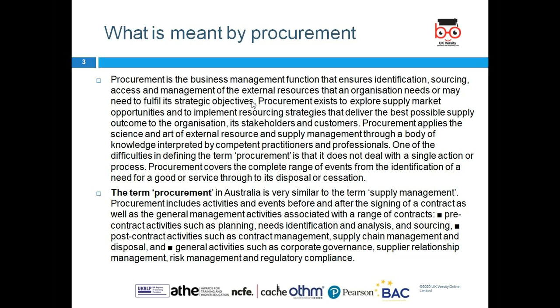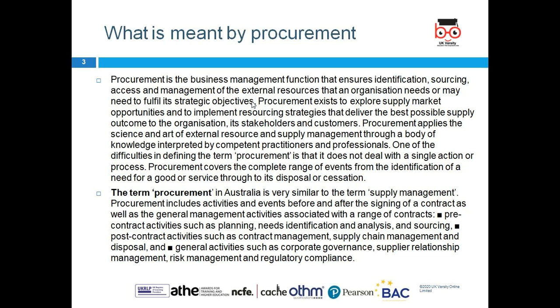Yes, we can outsource. Procurement is very important in the success and failure of an organization. If you have a good procurement system in place, that will help you to achieve your strategic objective, which is a long-term objective. Objective means the end result, what as an organization we want to achieve.